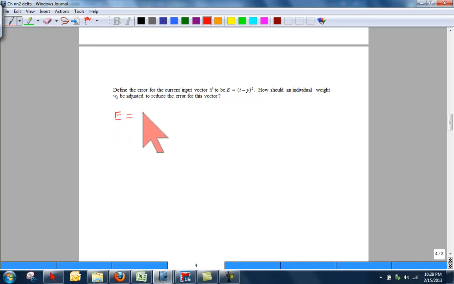So E equals (t minus y) quantity squared, but y is f of u, and u is w dot x. So yes, changing the weights does change the error.